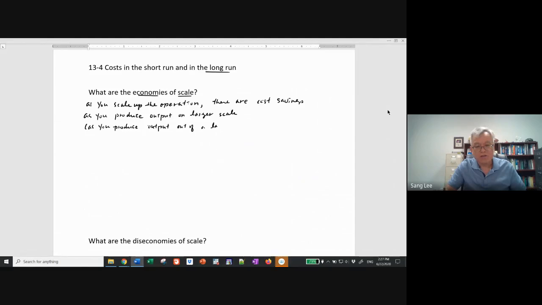A larger factory, then what? There are cost savings.